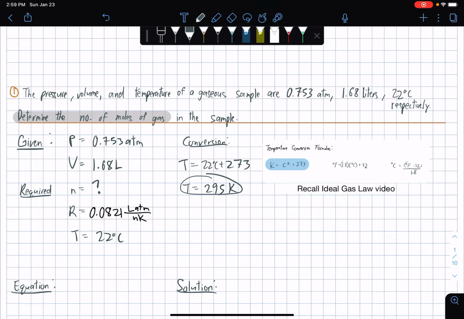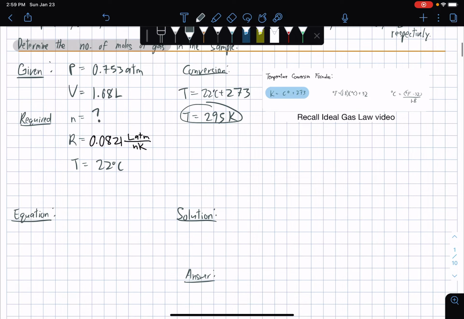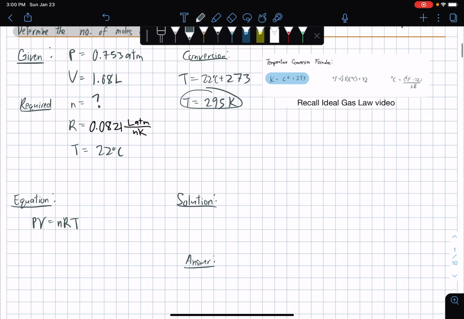Now, for our equation, now that we have the complete values, everything is already ready for being substituted in the formula. Let's start with PV is equal to nRT. Now, what we're trying to find is mole, this one. So let's apply the concept of literal equations in elementary algebra. Let's just copy this, then divide both sides by RT to leave alone the mole at the other side. So n is equivalent to PV over RT.